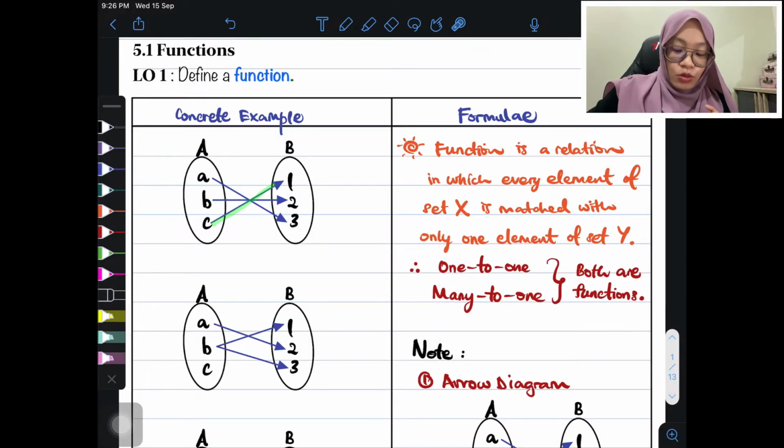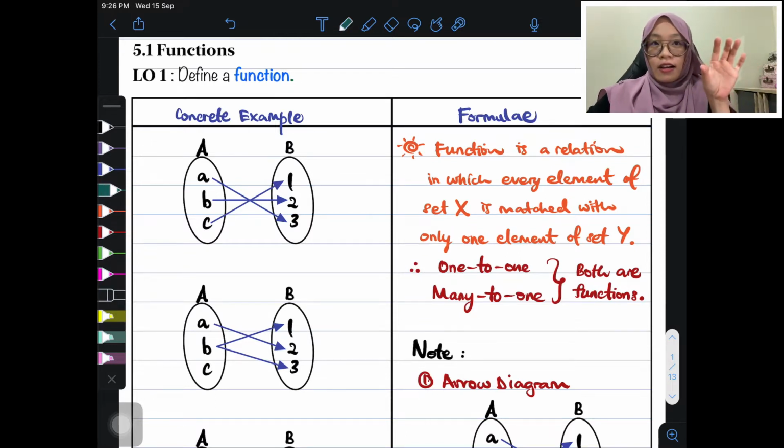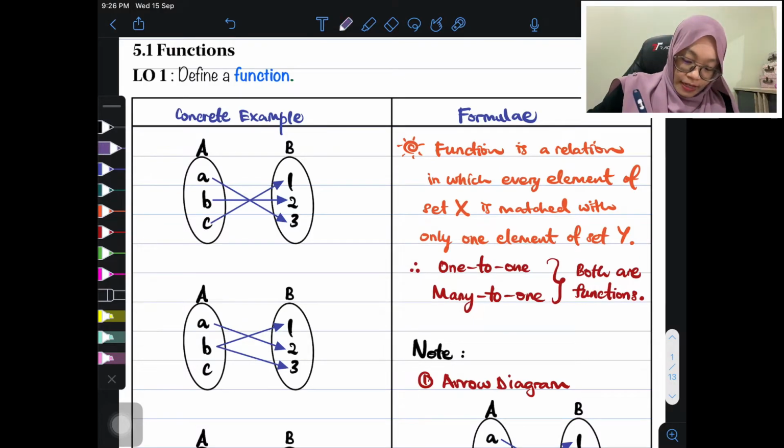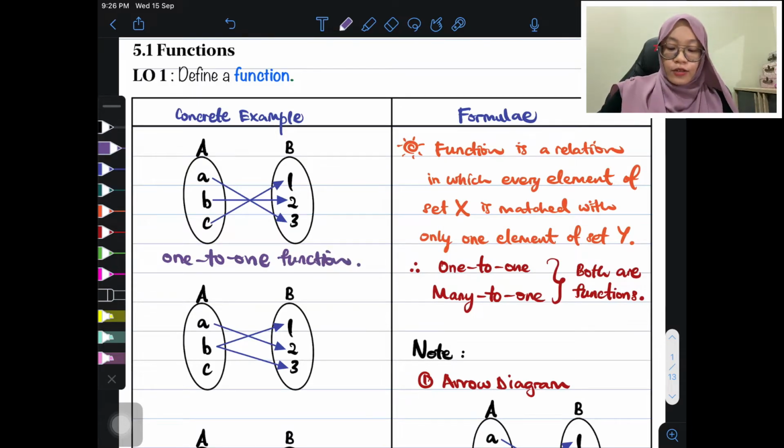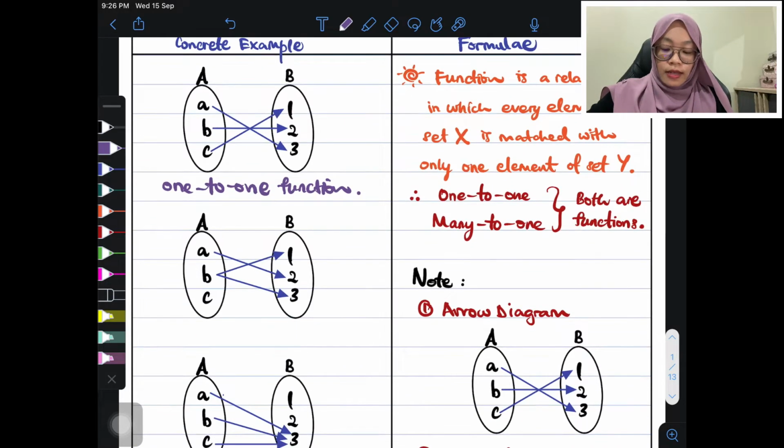Element C goes to number 1. Alright, so now you will see that every element goes to one element. Okay, and therefore we call it a 1-to-1 function. So you write it down. It is a 1-to-1 function.